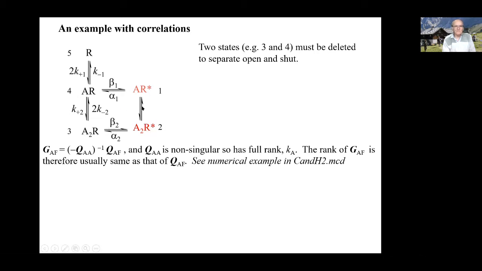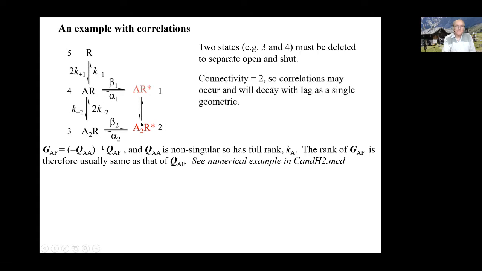We could delete, for example, state 3 and 4. That means that the connectivity is 2, so correlations will occur with lag as a single geometric distribution. As we showed last time, that's the same as saying that the rank of GAF, GFA is 2.